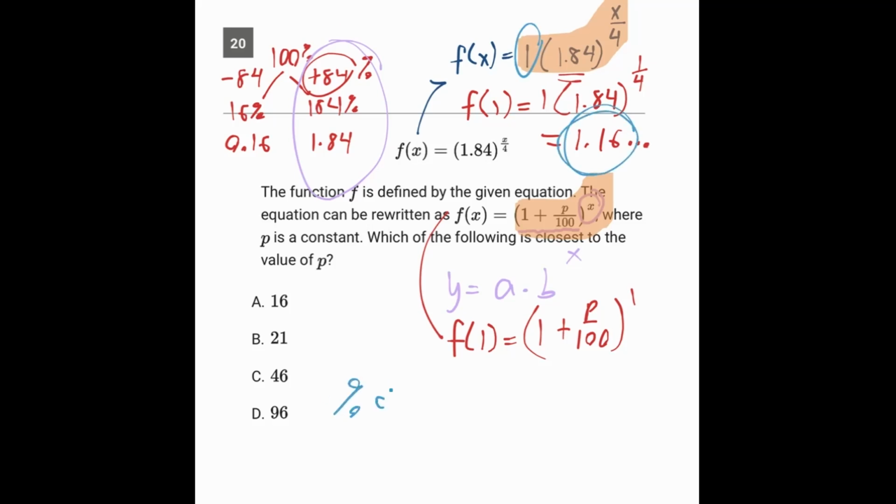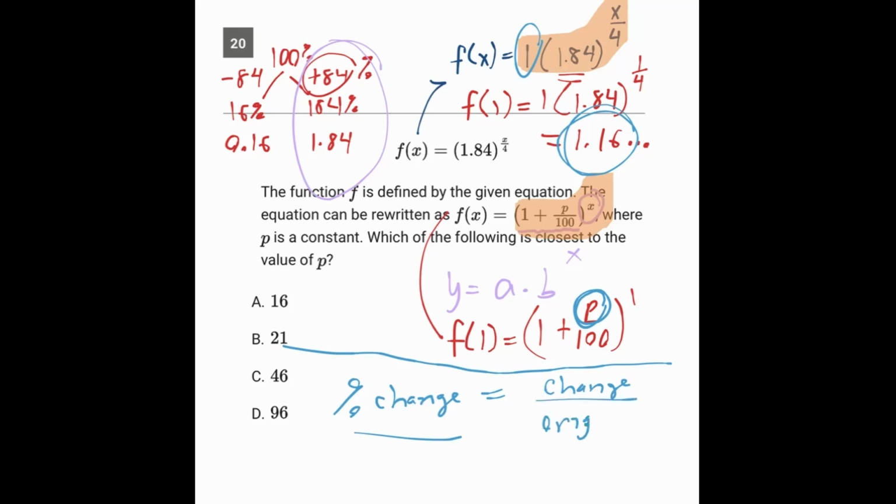And so what is our percent change there? Now, the reason we're looking for percent change is that the final question was asking, what is the value of P? P over 100 is a way to write a percent. So really what they're asking is, by what percent is this thing changing in the new equation? And the formula for percent change is your change over the original amount.